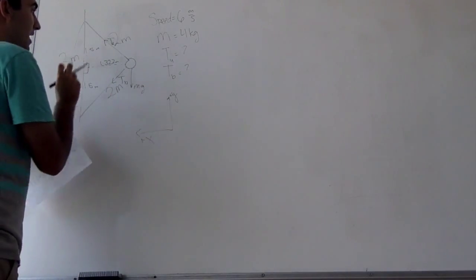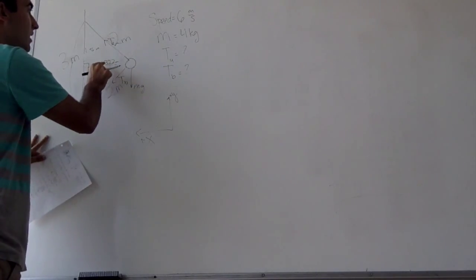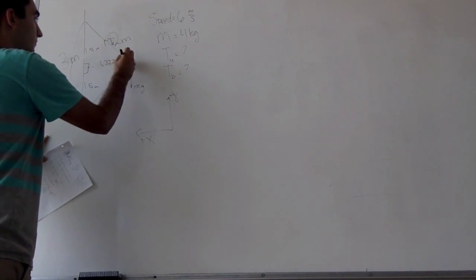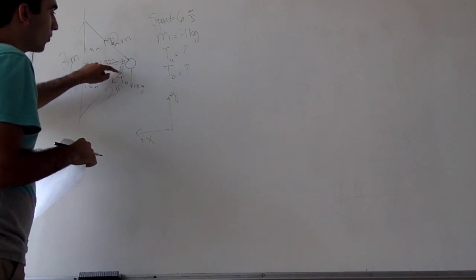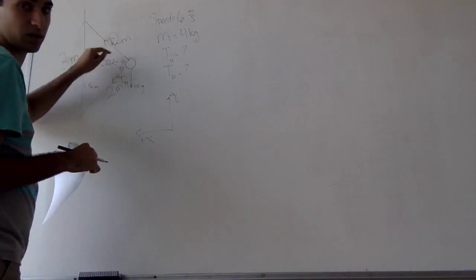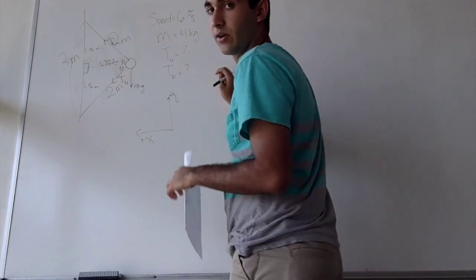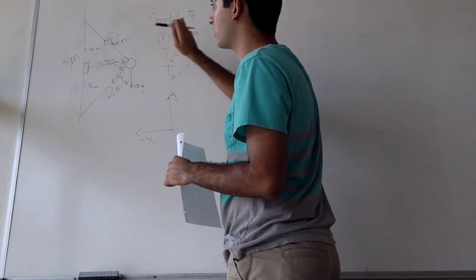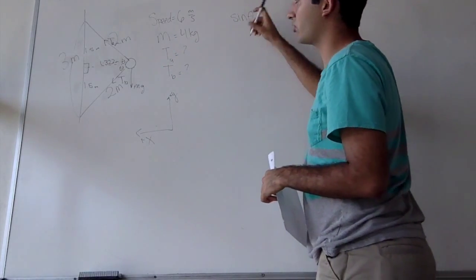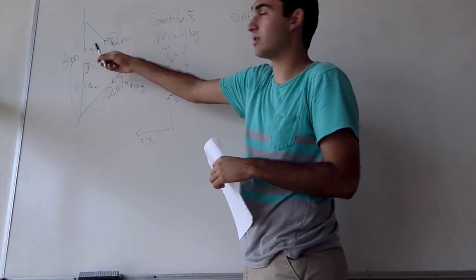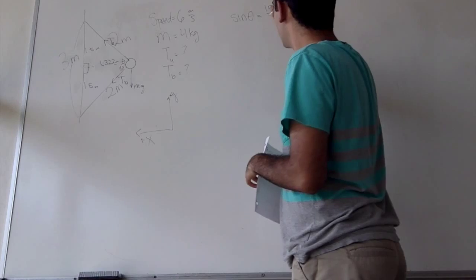Next, we want to figure out the angle so we can find the components of our tensions. Since these are two identical triangles, these two angles are the same, and we'll call it theta. Let's use sine theta equals opposite over hypotenuse, which is 1.5 meters over 2 meters.